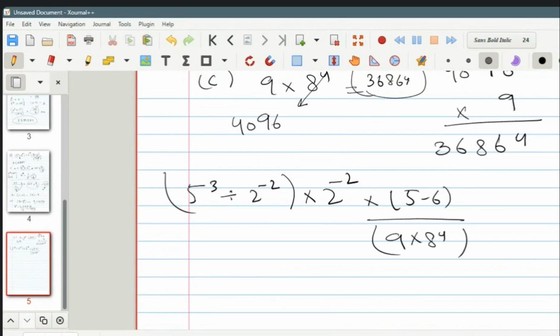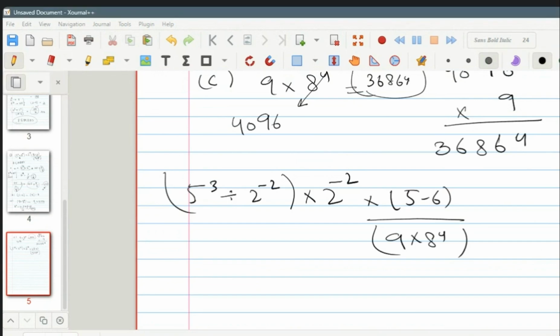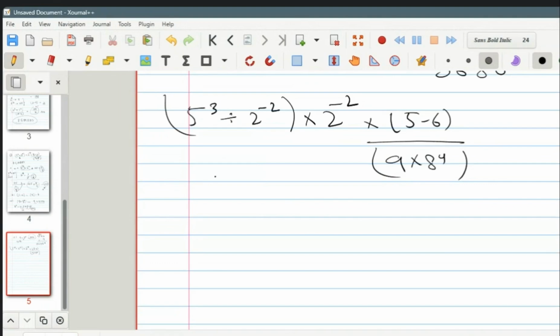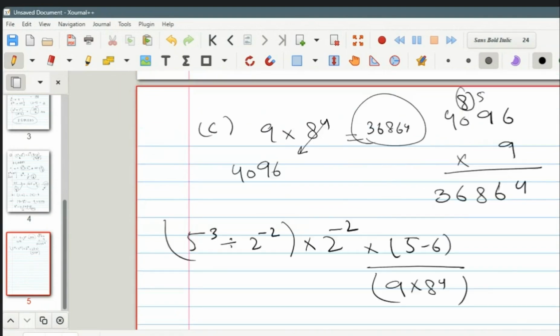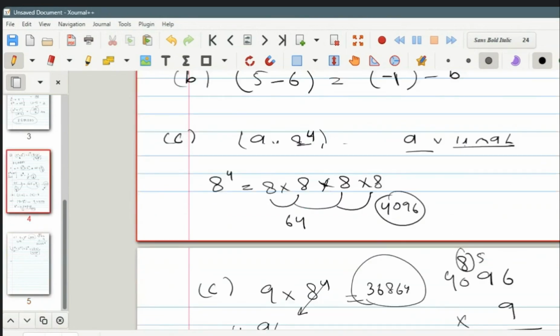So dear student, this is the question. What we have done actually is replace all those parentheses, first this parenthesis number a, this parenthesis number b, this parenthesis number c, with their simplified form.